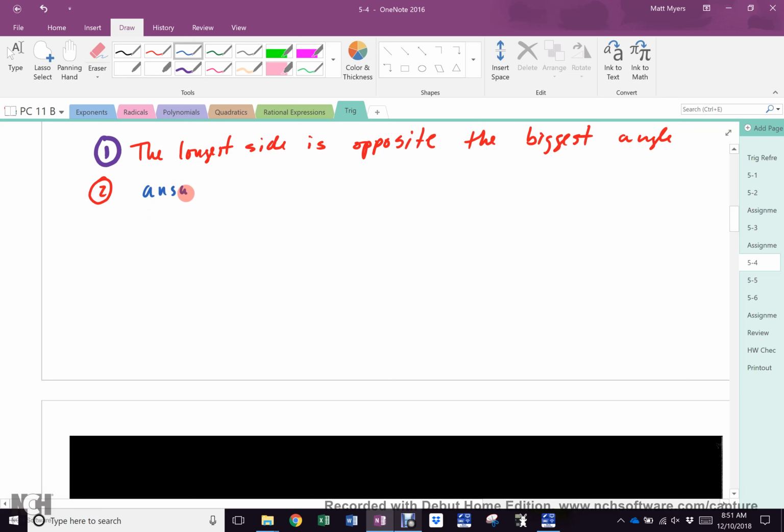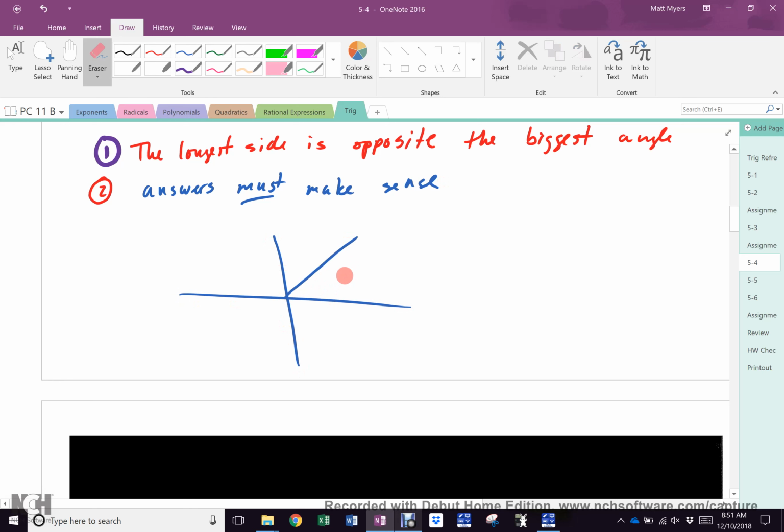Your answers must make sense. Because we are doing the sine law, your calculator might give you, I won't use 60, that messes us up, 65. Which makes, what's this?